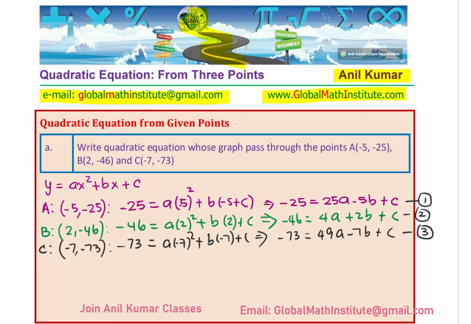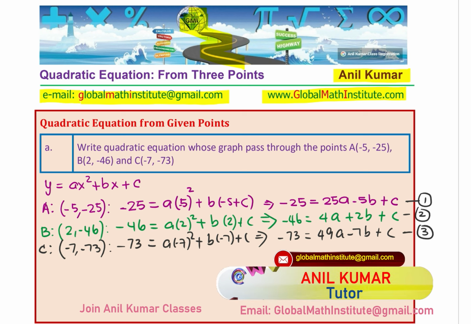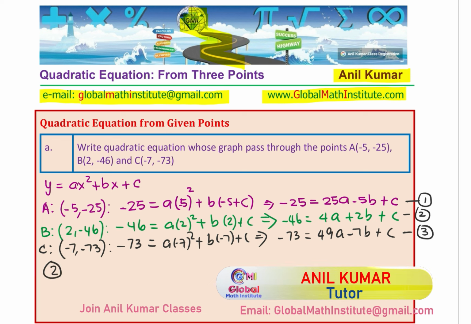Now, after these 3 equations, we can subtract equation 1 from equation 2 to get another equation, where c will not be there. So we do equation 2 minus equation 1.